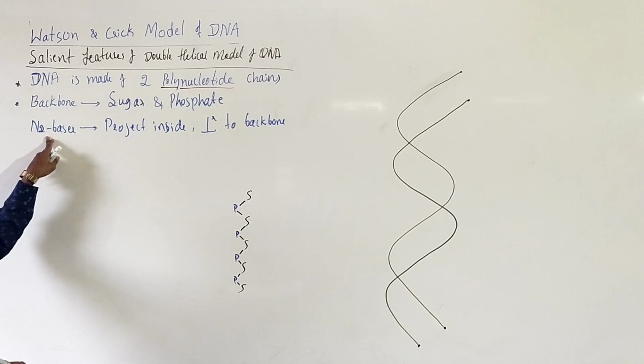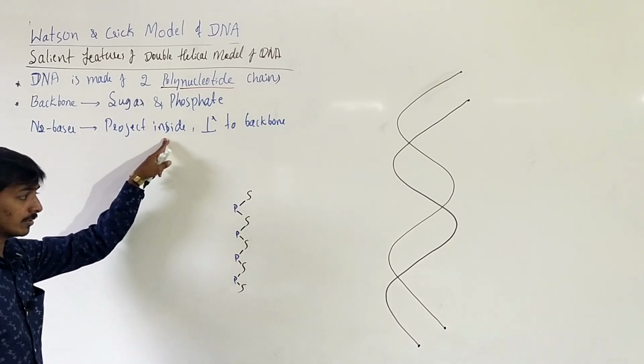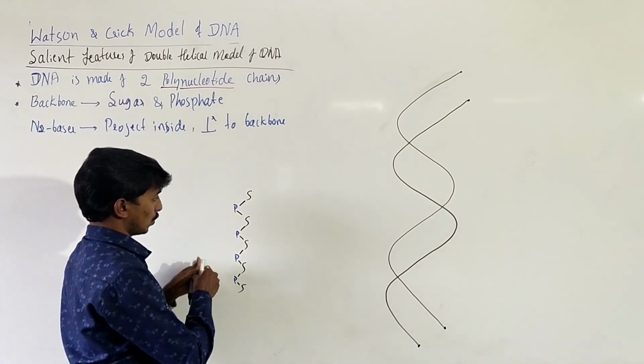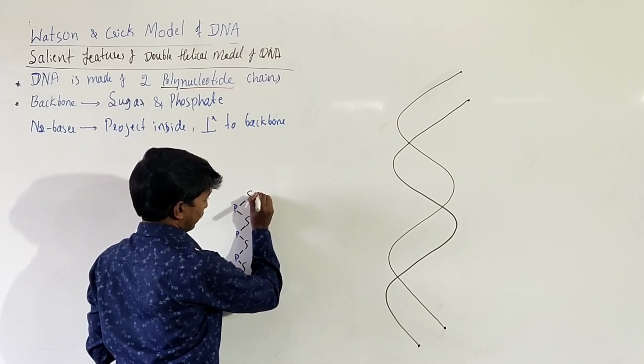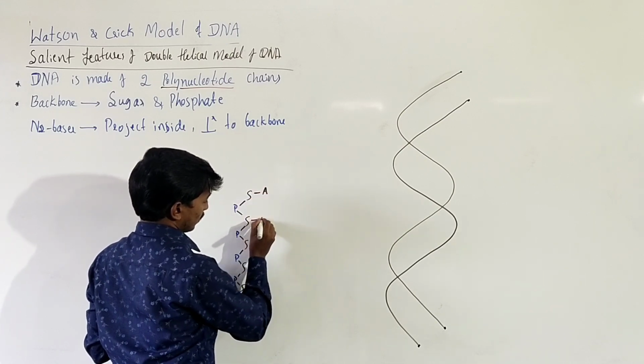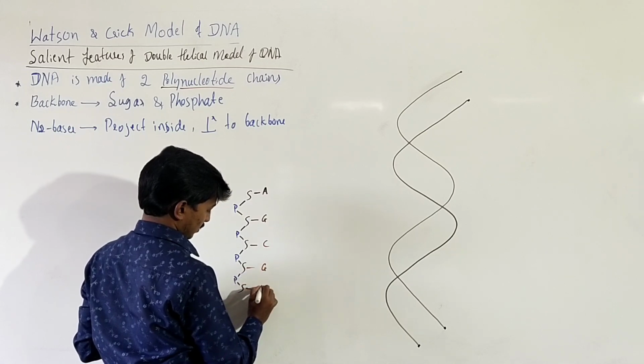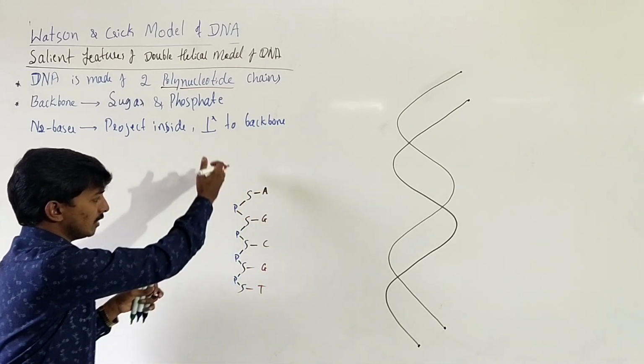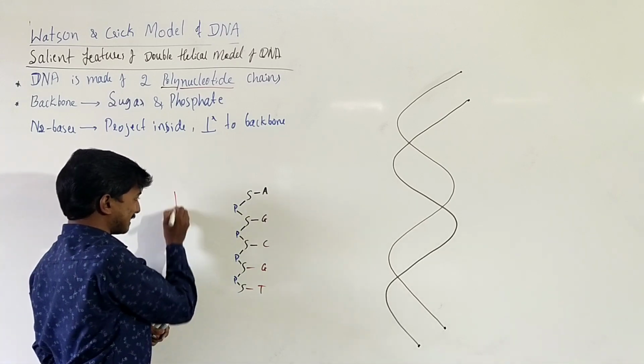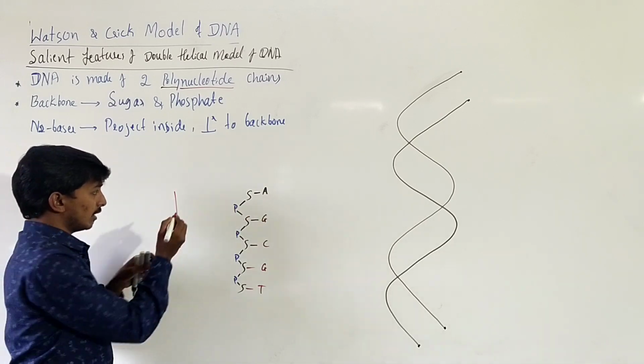So the third one: nitrogen bases project inside and perpendicular to the backbone. So nitrogen bases will be on this side: adenine, guanine, cytosine, guanine. They are perpendicular to the backbone. Backbone is like this, and this is perpendicular.